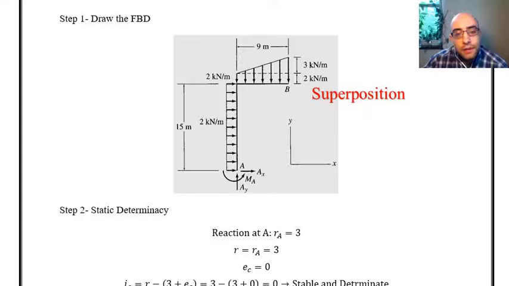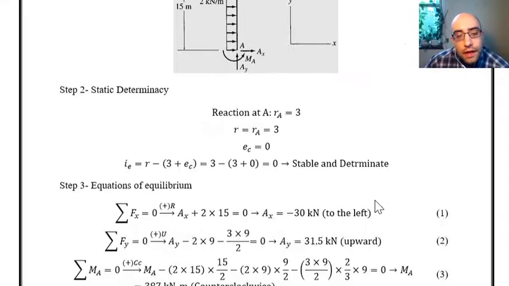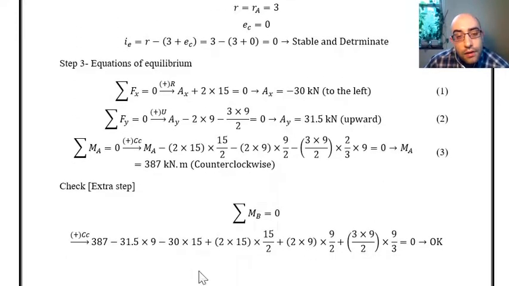Please pay attention to this calculation that I have over here, because when we are putting the sign of these moments, we have to look at the direction of the moment and also the value that we got as the reaction.